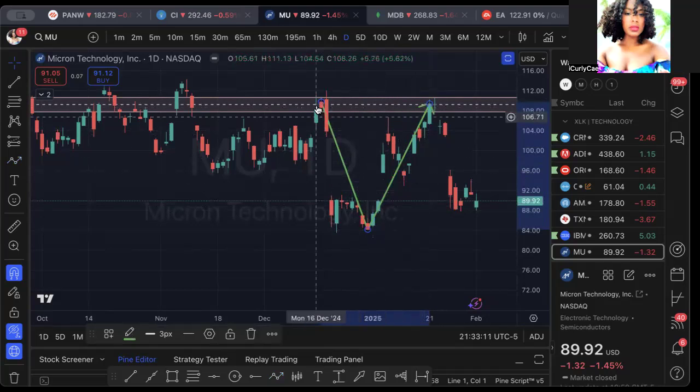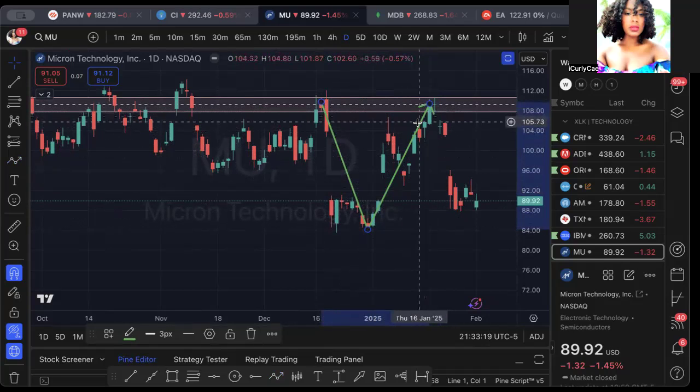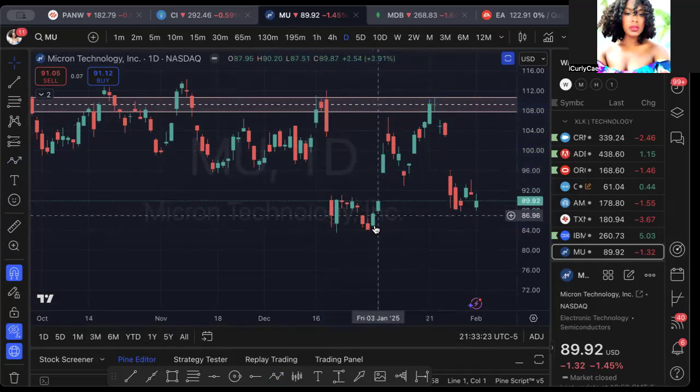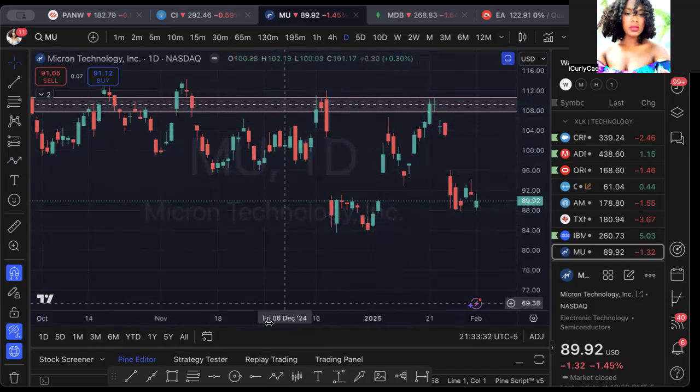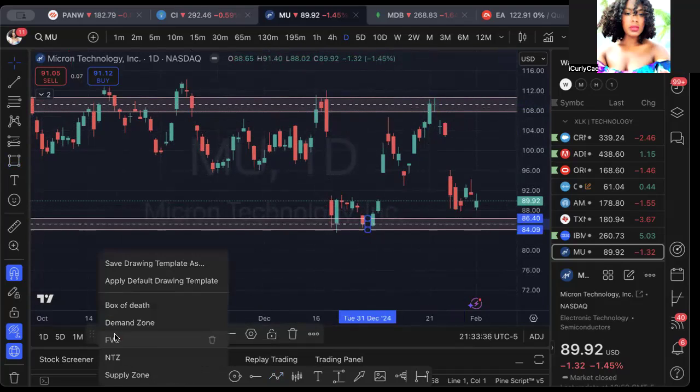We came to this point, pushed down aggressively, hit this level, and then bounced up aggressively. So I'm going to look for the candle color opposite the direction that we moved. We moved to the upside, which is represented by green candles, so I want to select the red candle opposite the move up. And this is going to be my demand zone.